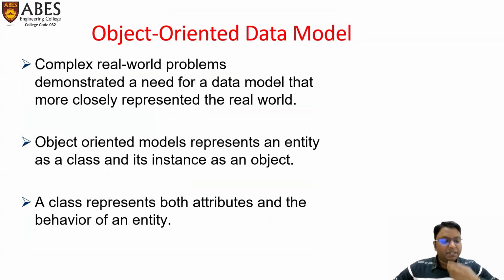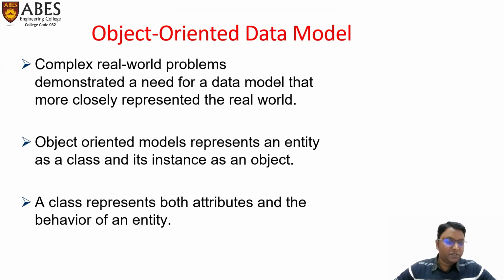Now, next is object-oriented data model, and it is also a very popular model and very useful in the field of DBMS. The object-oriented data model represents data using classes and objects. A class defines both attributes and behavior of the entity, while objects are instances of the class.